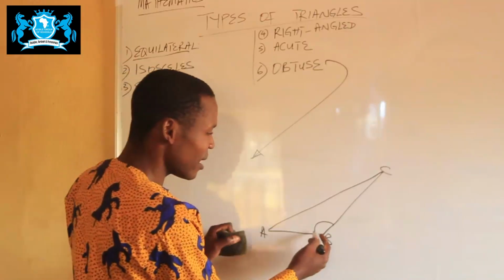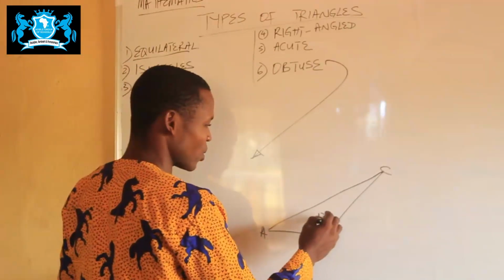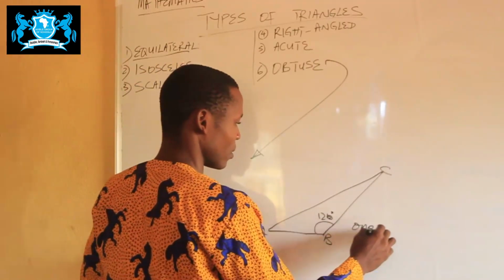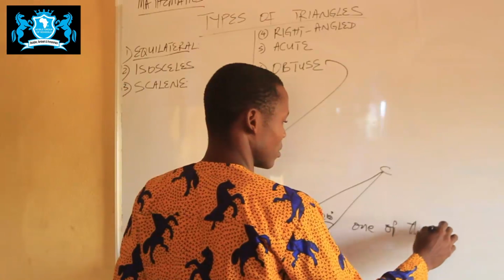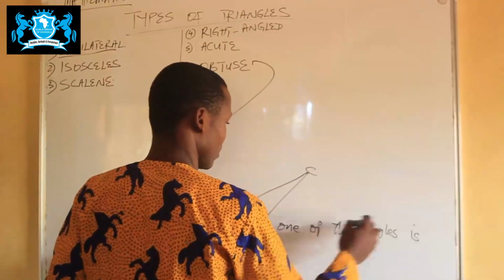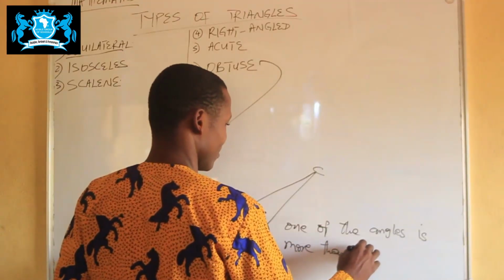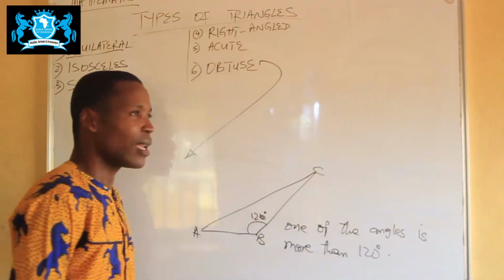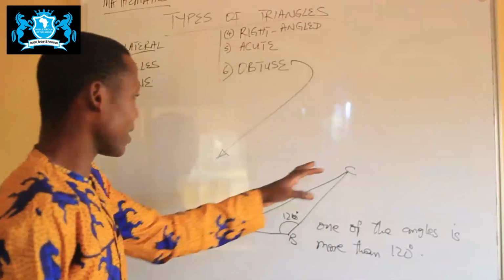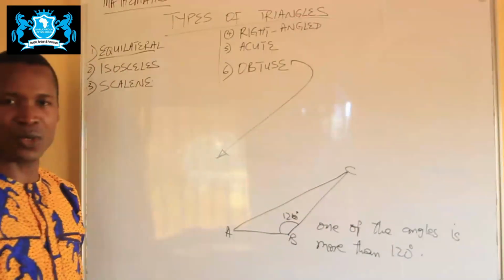You can see that this angle is more than 90 degrees. It may be 120 degrees. Any triangle in which one of the angles is more than 90 degrees, we call an obtuse triangle.